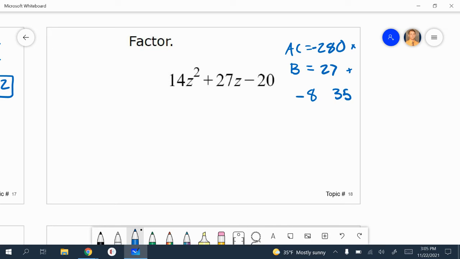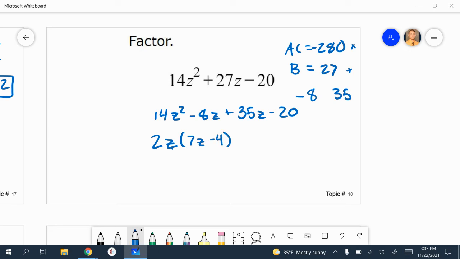So then we could do 14z squared minus 8z plus 35z minus 20. I think this might work. So then what could I pull out of the first two? I could pull out a 2. That's about it. Oh, I guess a z as well. Sorry. Pull out a 2 and a z. I'll be left with 7z. And then if I pull a 2 out of a negative 8z, that would be a negative 4.